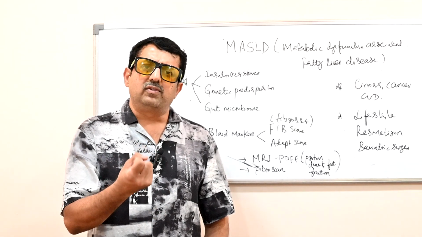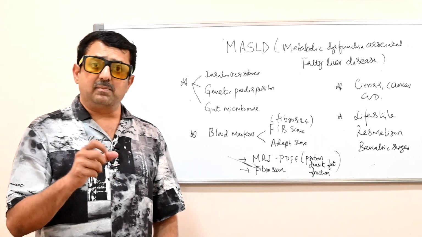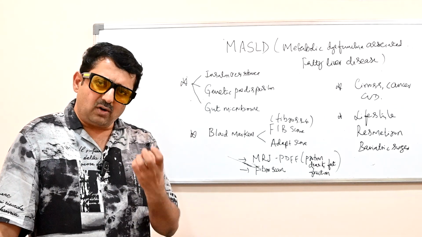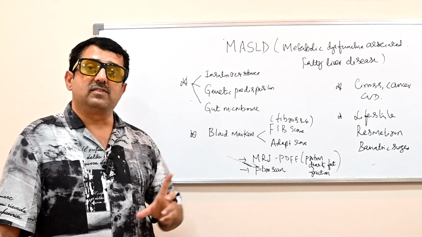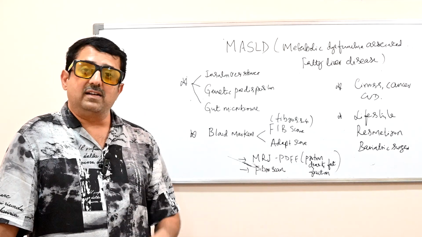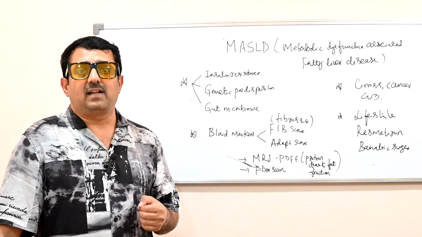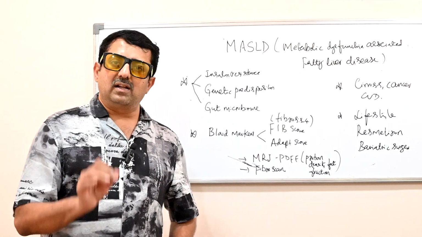The gut goes into dysbiosis. When gut dysbiosis happens, when the gut microbiome is altered, that is also one of the causative factors for metabolic dysfunction associated fatty liver. That's why in a previous video I told you that in today's life, a probiotic is one of the very important supplements to be taken on a regular basis.